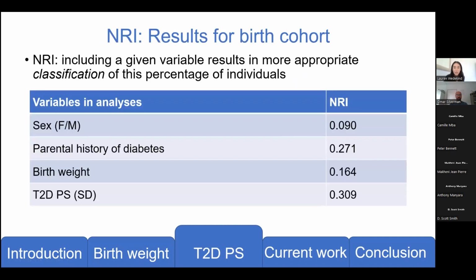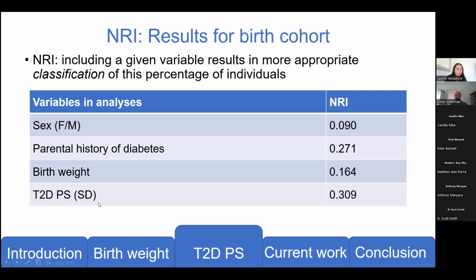All right, and then lastly, this is an analysis that addresses the weakness of that previous area under the curve analysis. The net reclassification improvement gets us to ask, what percentage of individuals are correctly reclassified in their proper group if you include a given variable in a model in addition to the other ones in this group.